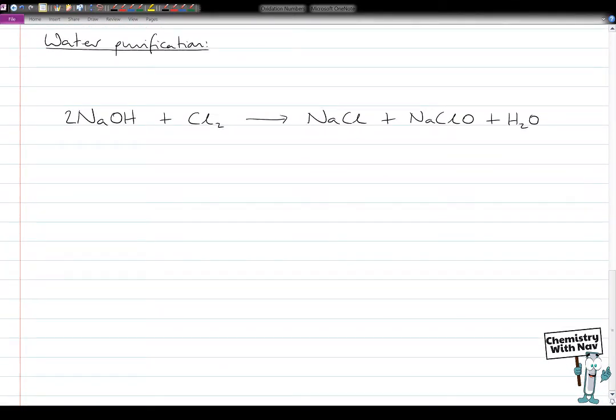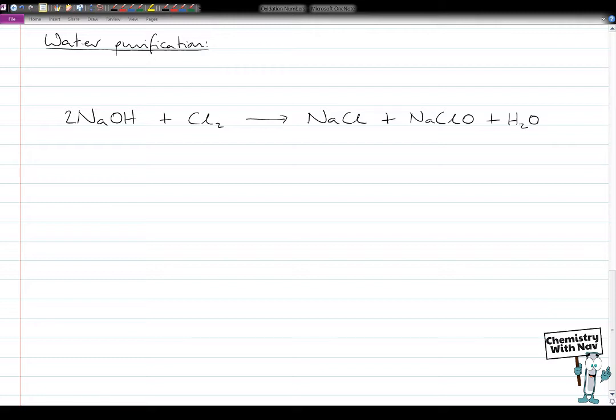An example of chlorine's variable oxidation states can be seen here as well. So the only thing that's going to be changing throughout this equation that relates to water purification, sodium hydroxide plus chlorine making sodium chloride, sodium chlorate and water, is the oxidation state of the chlorine.